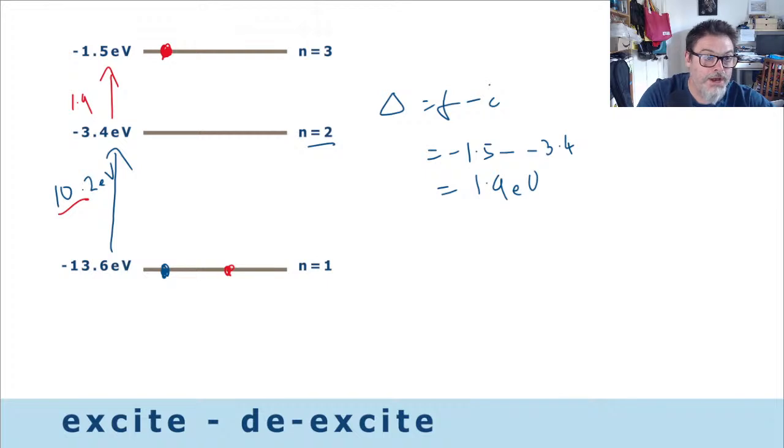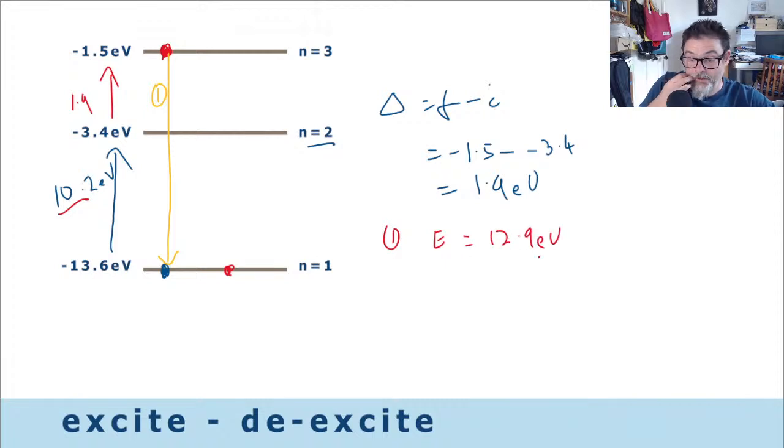As you probably know, it could fall back all the way down to the bottom. Let's call that transition 1. Transition 1 is going to give off an energy of these two added together, 12.1 eV. So in other words, we're going to get a photon that has that much energy.